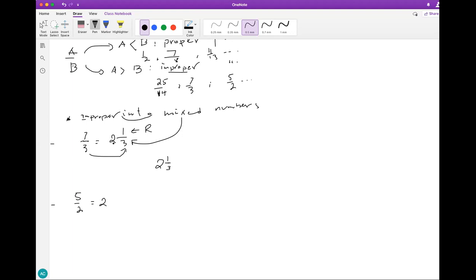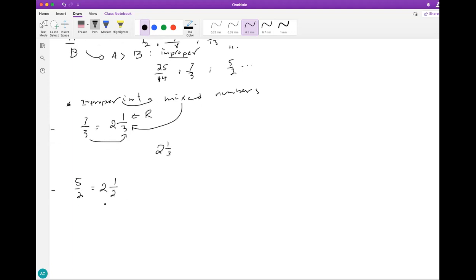So this is the whole number, and this is the fraction. That's why it's called a mix. It's a mix of a whole number and a fraction. And here, what is the remainder? 1, that's right. And the denominator here will be 2. So 2 and 1/2. Okay, that's a mixed number. That's a fraction.